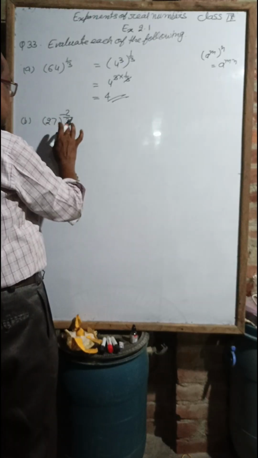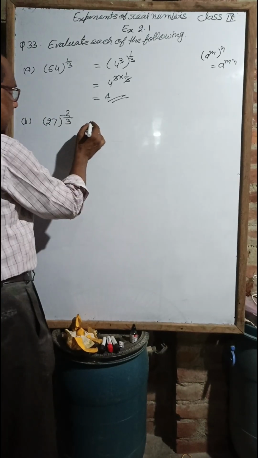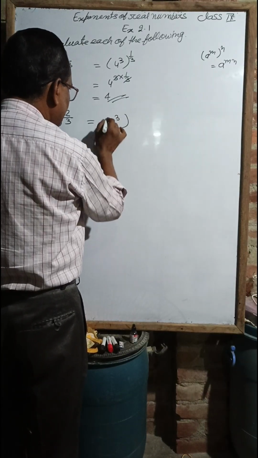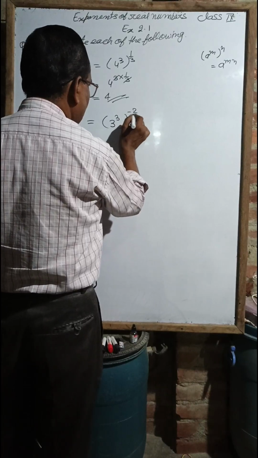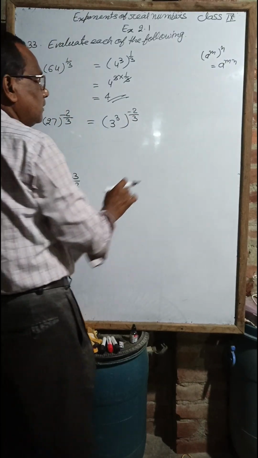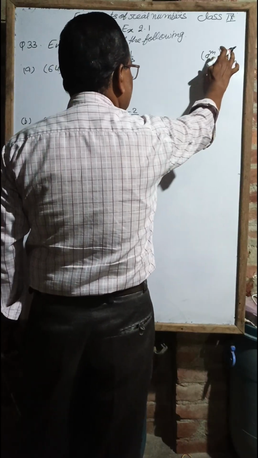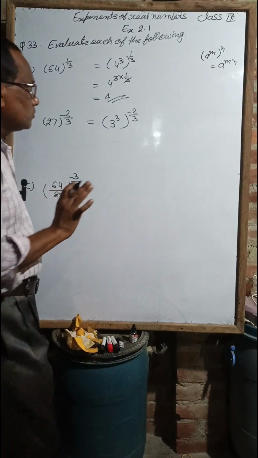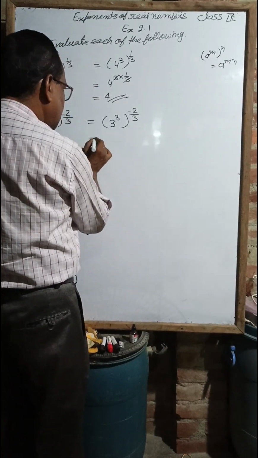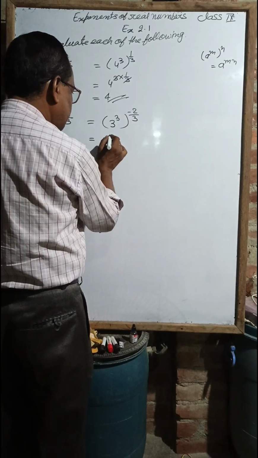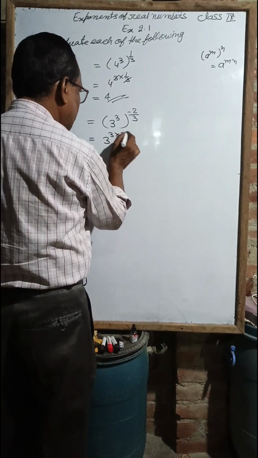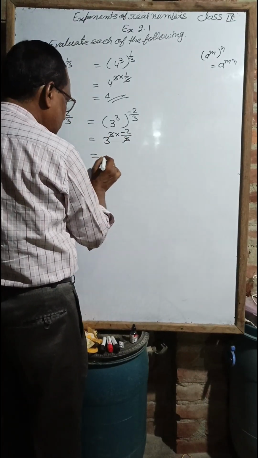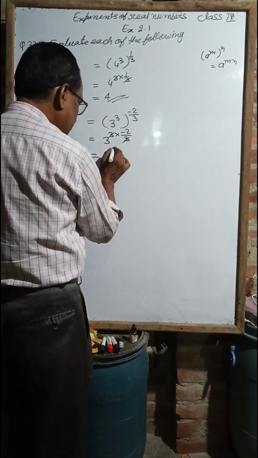Next, 27 raised to the power minus 2 over 3. 27 can be written as 3 cube, whole to the power minus 2 over 3, and a raised to the power m, whole to the power n, is equal to a to the power mn. So this is equal to 3 raised to the power 3 into minus 2 over 3.